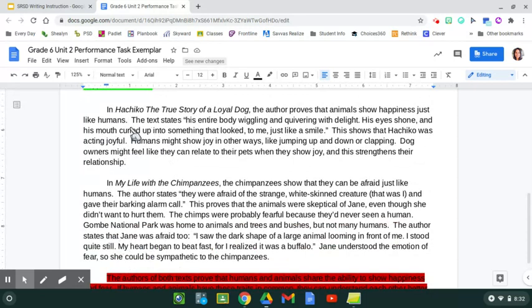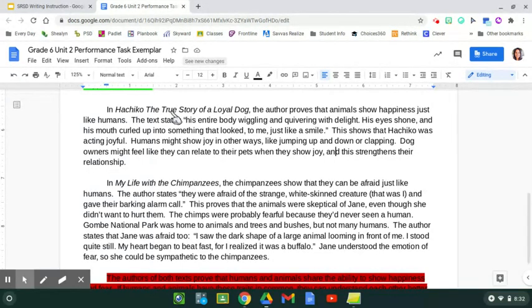So I'm going to focus on this first paragraph, and I want to look for textual evidence. So I'm looking for a quote in this paragraph. So let's read the paragraph. And when I see a quote, I'm going to stop and I'm going to highlight that yellow because that's what I is. I is yellow.